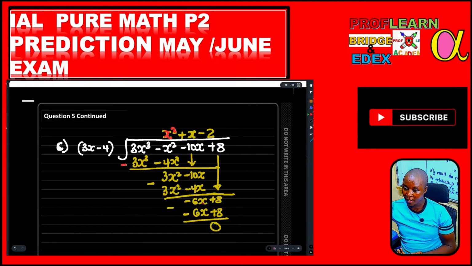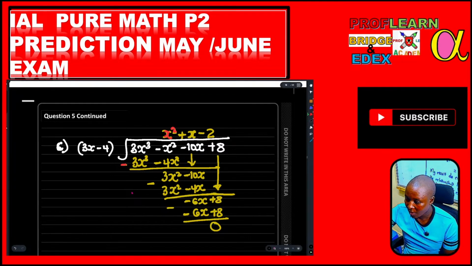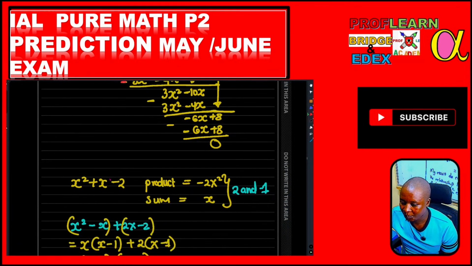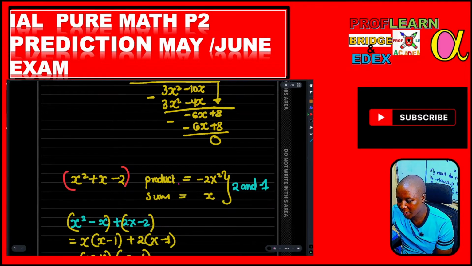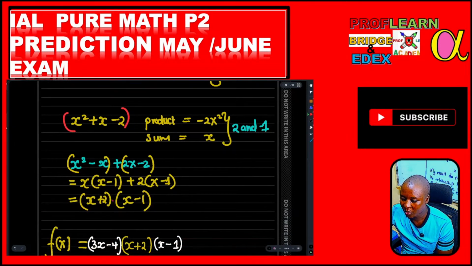Now once we have this quadratic here, it means that this times this will give us the cubic. So we can factorize this one again using PSF, and you are going to get x plus 2 and x minus 1.